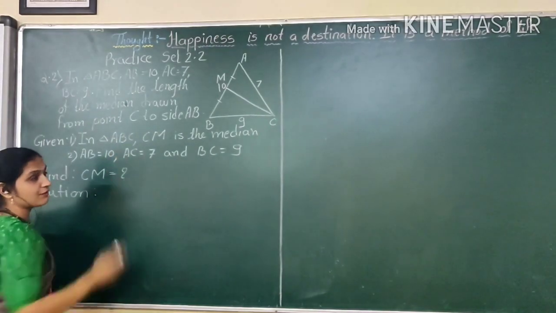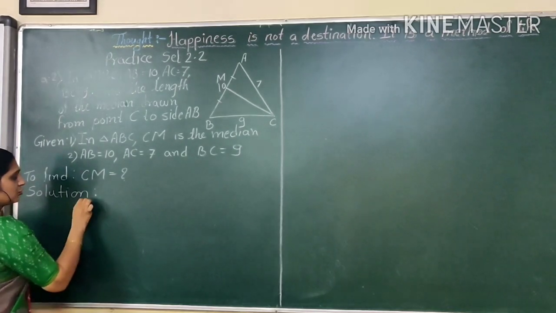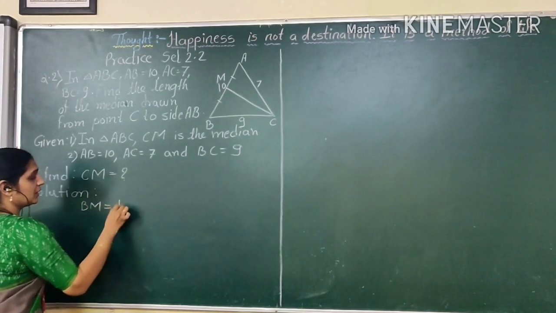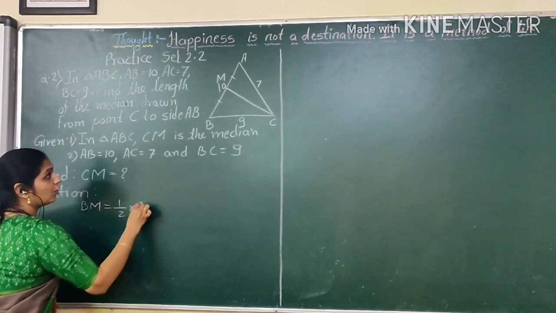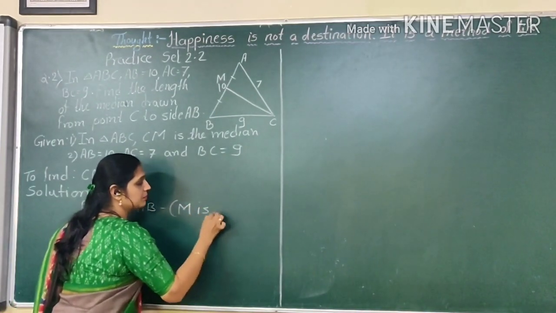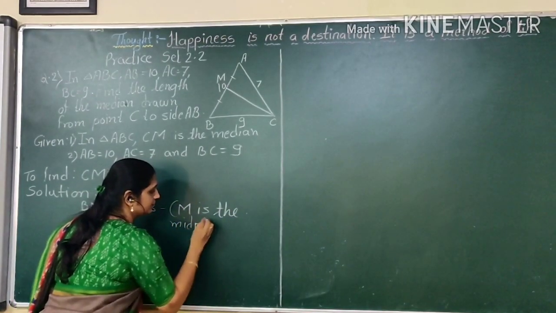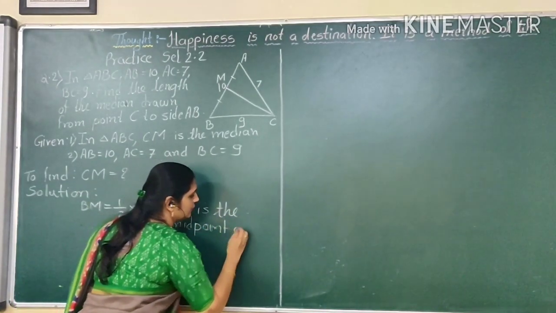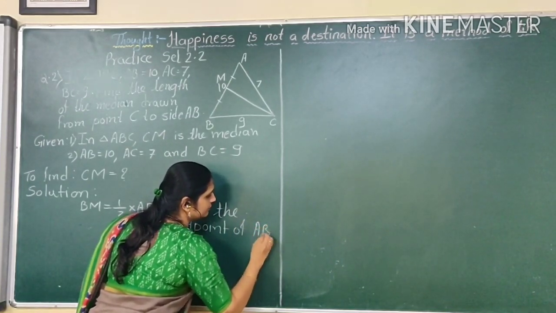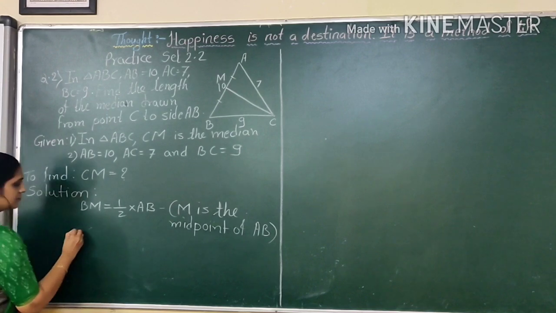So we have to first find BM. Therefore, BM is equal to half of AB, because M is the midpoint of AB.